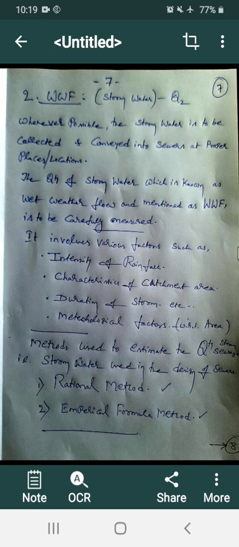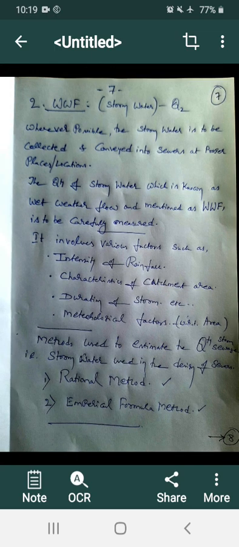It can be measured by means of some important methods. What are those methods? That is also very important. Observe here. WWF involves various factors. Number one is intensity of rainfall, and number two is characteristics of the catchment area.